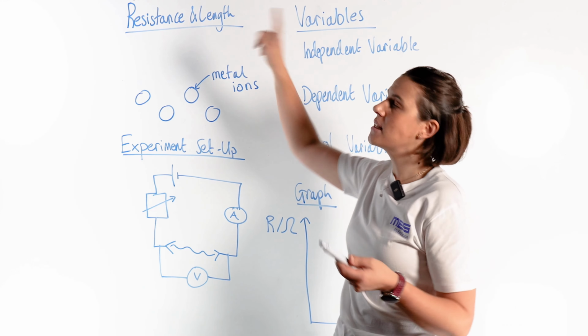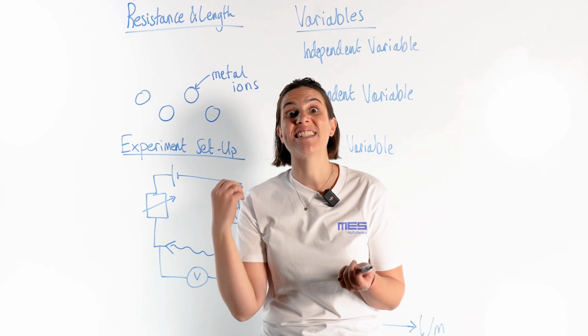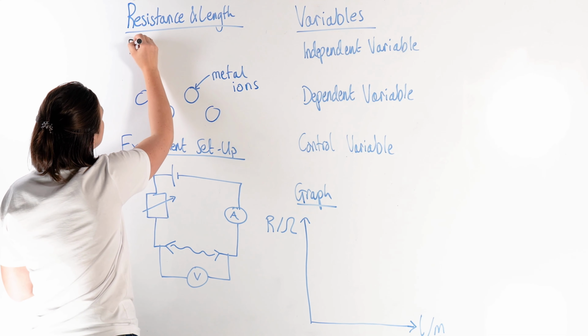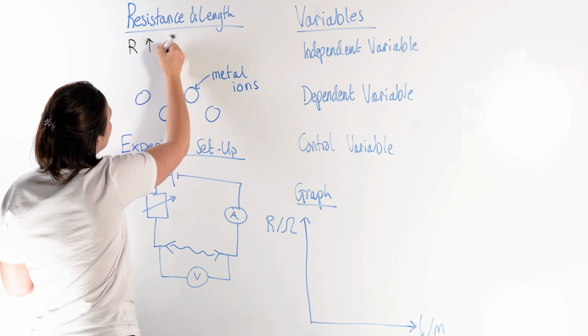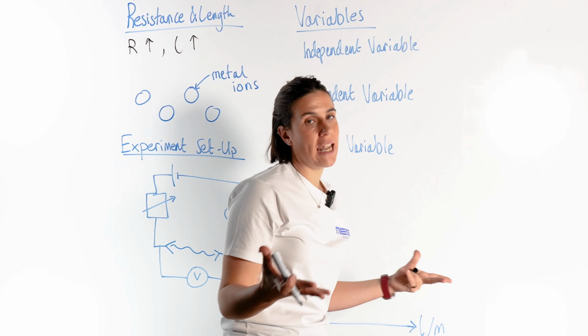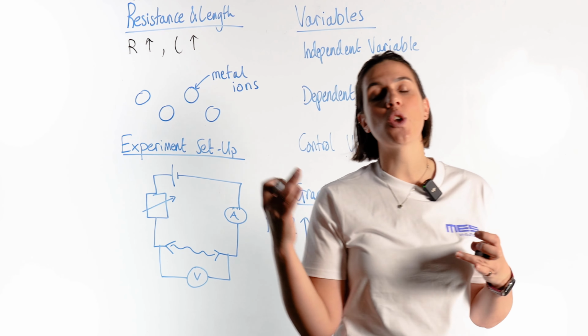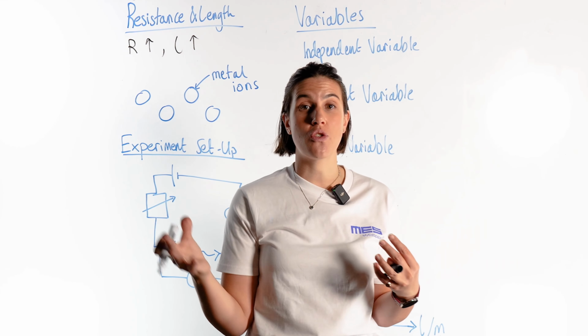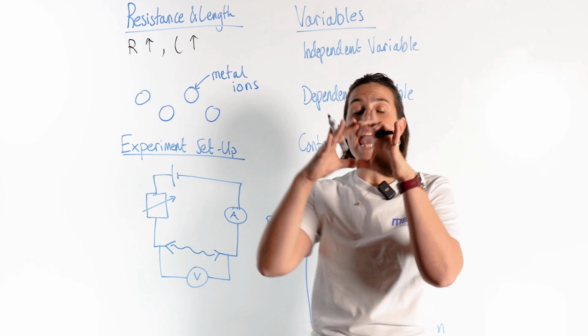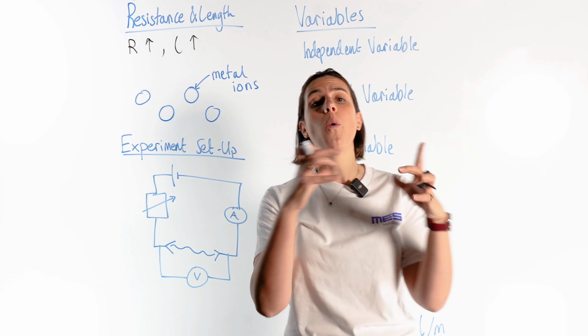So let's start by thinking about the relationship between resistance and length. As we increase the length of our wire, the resistance is also going to increase. This is because in our wire we're always going to be using a metal.